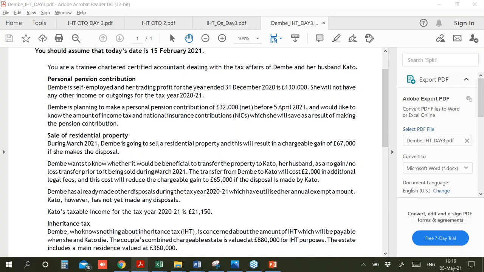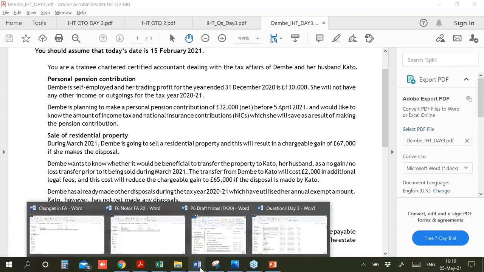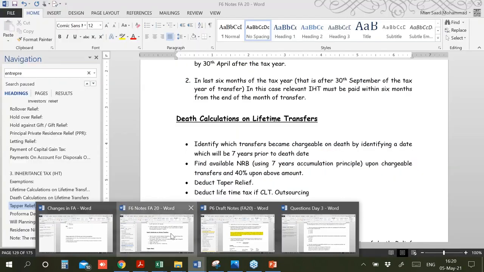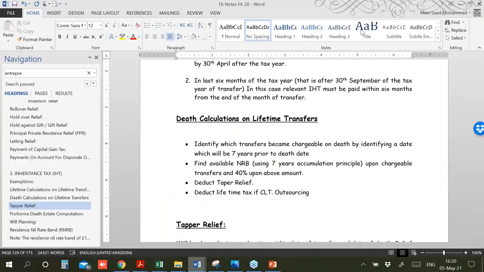You take your total income before any reliefs or exemptions and deduct two things: personal pension contribution and gifted donation, and that too gross amounts. So her income was 130 before any reliefs, and if I deduct 40,000 out of the 130, her adjusted net income will be 90,000, which means it will be below 100,000, and she'll get the complete personal allowance.